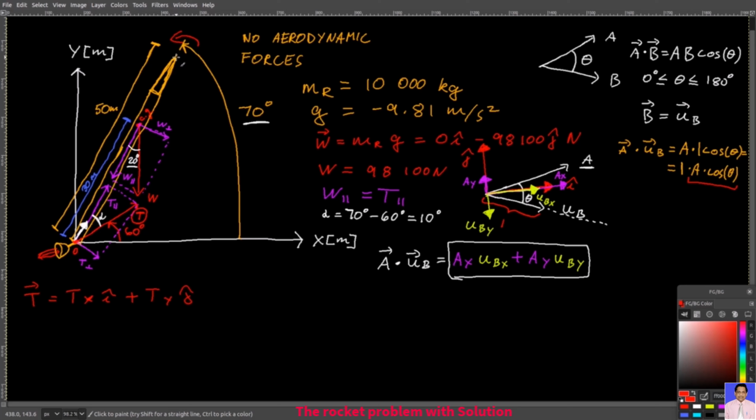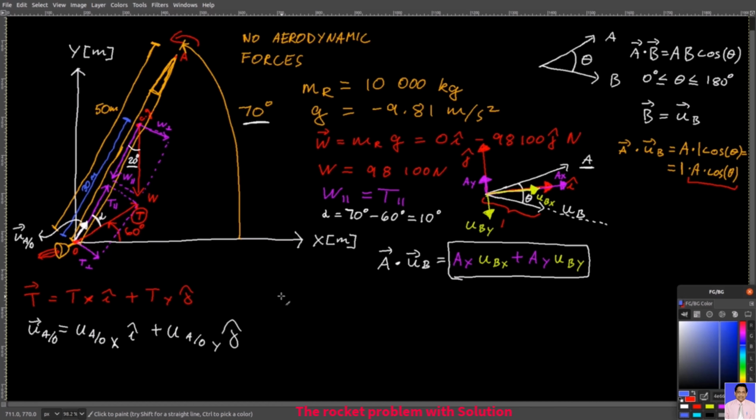So let's say that the tip of the rocket, we call this point A, and so this unit vector here, we can call the unit vector in the A direction with respect to O, with respect to this origin. We can take this unit vector and also decompose it into its x and y components. So this would be its x component and this would be its y component.